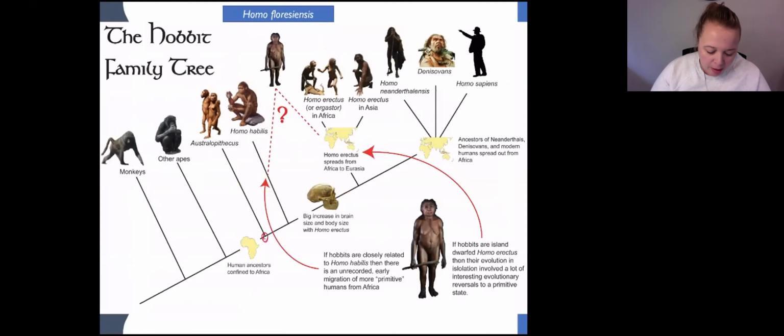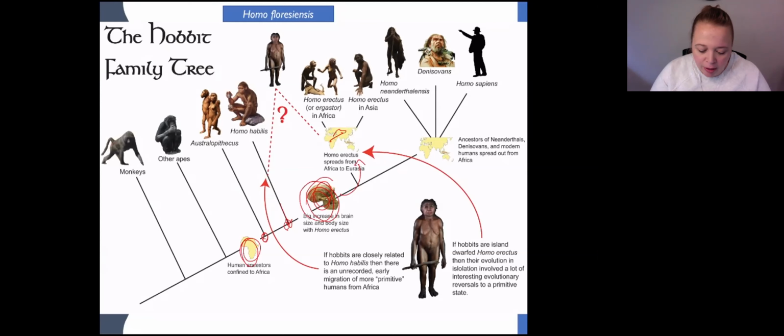Australopithecus were here, the human ancestors were confined to Africa, and then by the time we got through to Homo habilis diverged off. Homo erectus existed back here, but with this big increase in brain size, they started to get a little bit more adventurous. Some of the Homo erectus spread out from Africa and went to Eurasia. So it went to Europe, it went to Asia. They kind of climbed out and went over here.